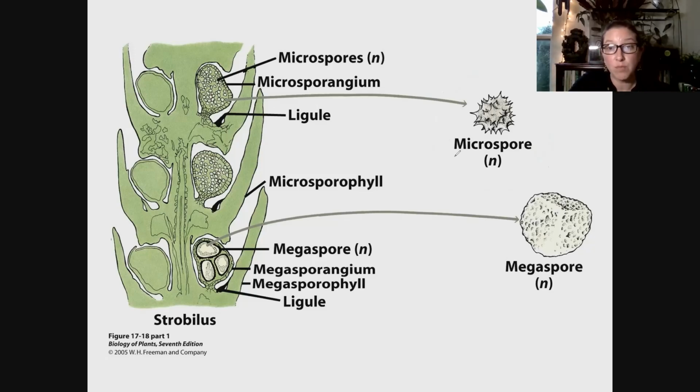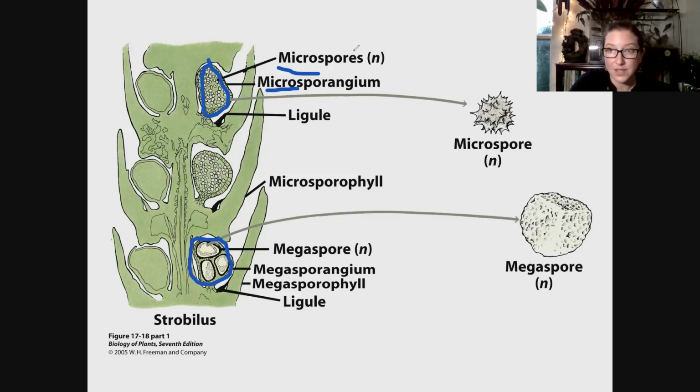So the microspore is going to be made in a sporangium that's called, you might have guessed it, the microsporangium. That's where meiosis is going to occur to produce spores, in this case, microspores. The megaspores are going to be made in a sporangium that's called a megasporangium.